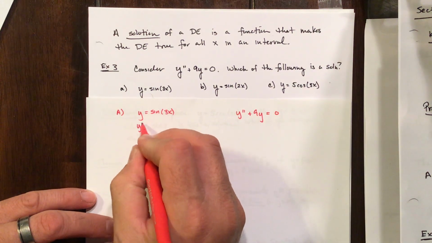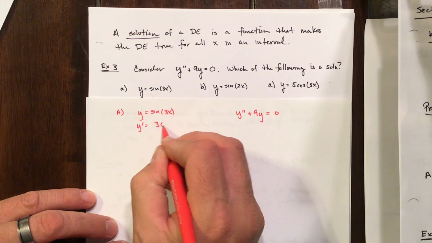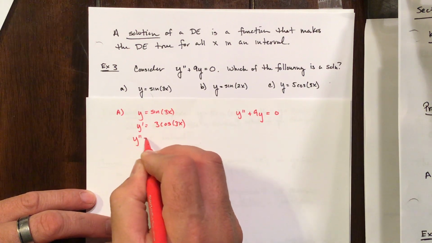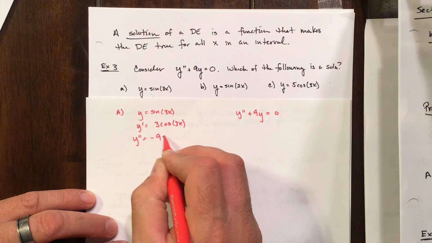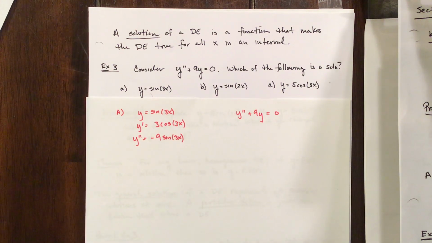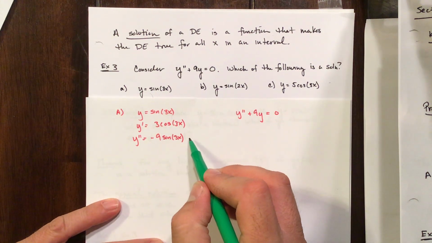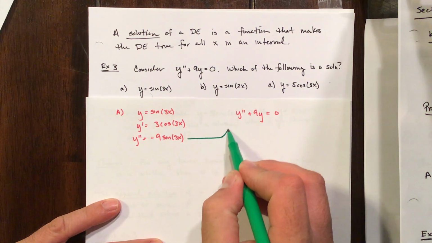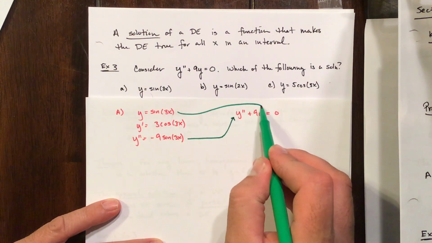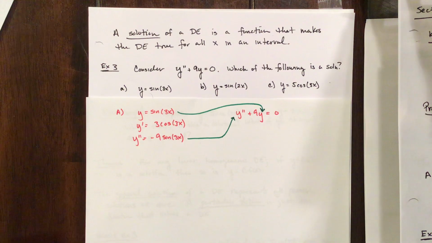So I need y prime, which is 3 cosine 3x, and y double prime, which is minus 9 sine 3x. I'm going to take these bits of information and plug them in: y double prime there and this in for y, and we'll see if we have a true statement.